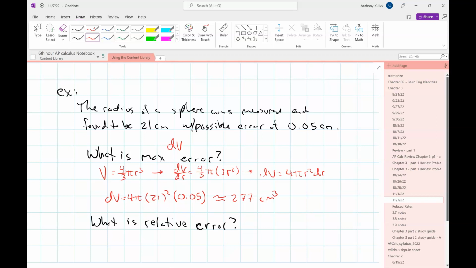So 277 cubic centimeters would be my maximum error.